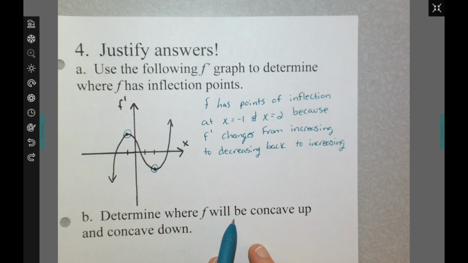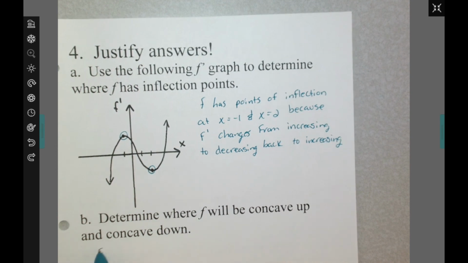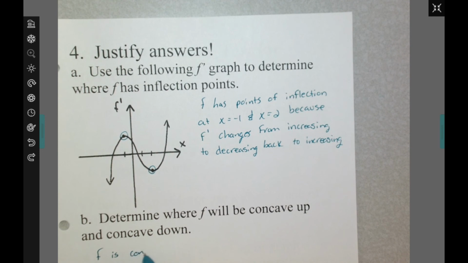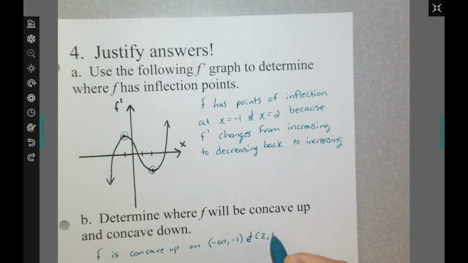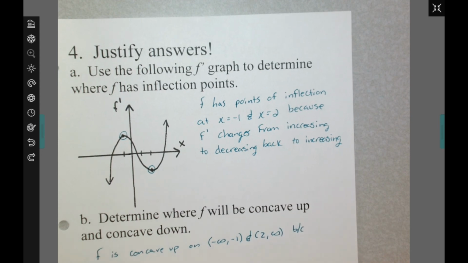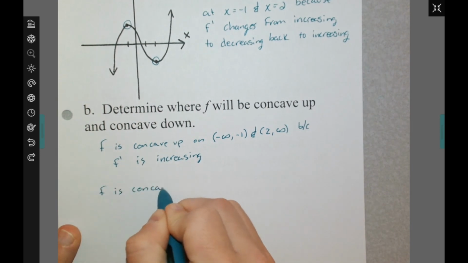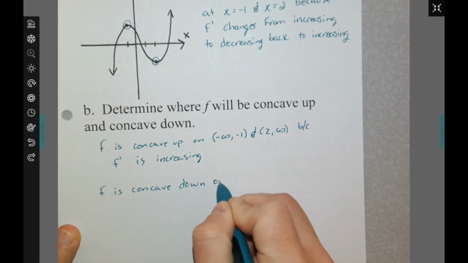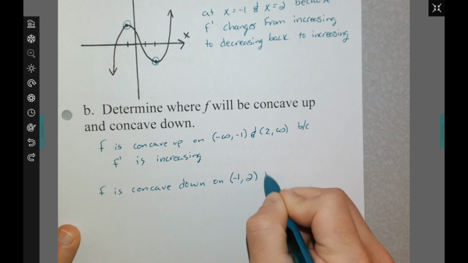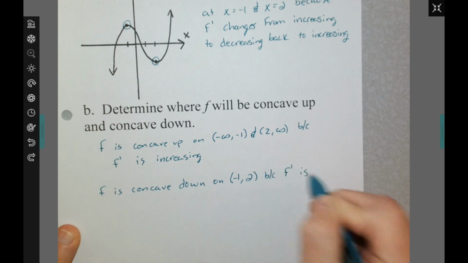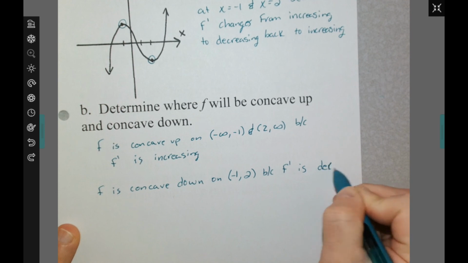So for B, I want to determine where it will be concave up and concave down. f is concave up on -infinity to -1 and 2 to infinity because f prime is increasing off the screen, and then f is concave down on -1 to 2 because f prime is decreasing.